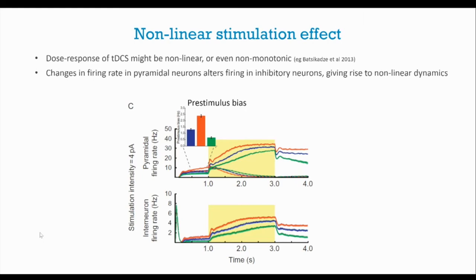And another thing that is interesting, that perhaps without looking at a model like this one wouldn't necessarily think about, is that there's something called a pre-stimulus bias. So before the stimulus is actually given to the network, firing rates are already different because the TDCS is switched on throughout. So once the stimulus is switched on, this sort of model starts from a different origin. And maybe that's actually what explains this divergent firing rate.